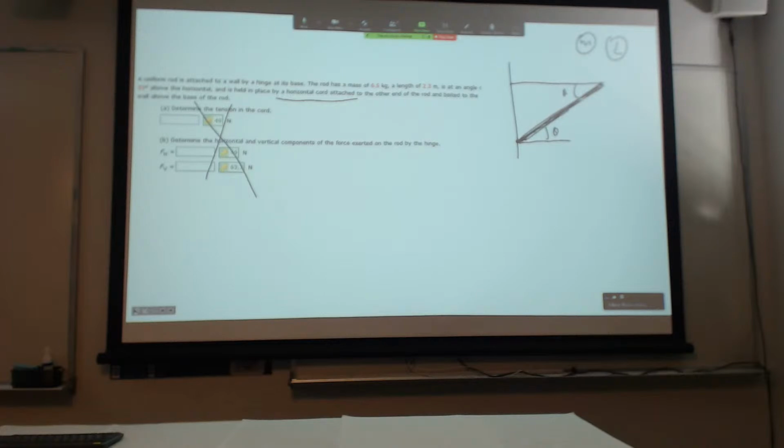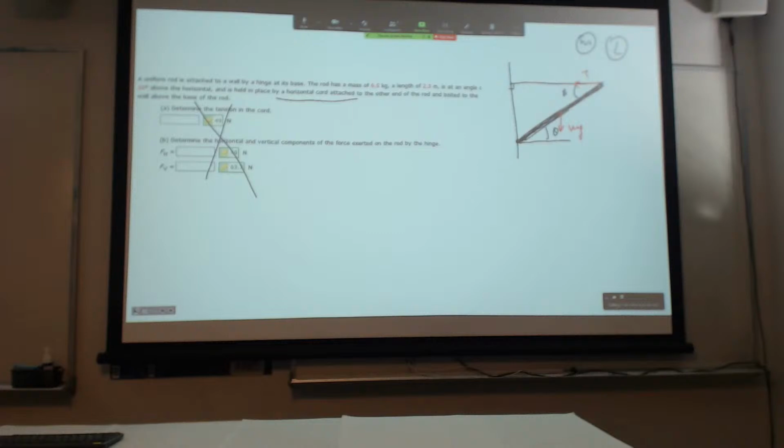What is the first step? This is a picture, not a diagram yet. So what do we have to do to convert it into a diagram? You have to add in the forces. And how many forces? Well, there'd be one tension force from the string towards the wall, a force of gravity mg in the middle of the rod, absolutely.